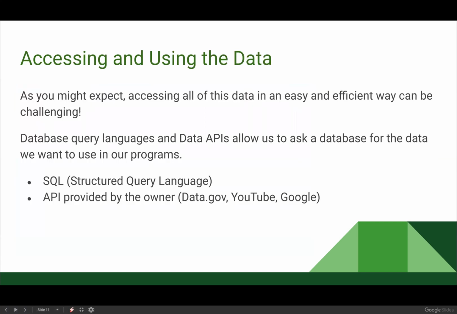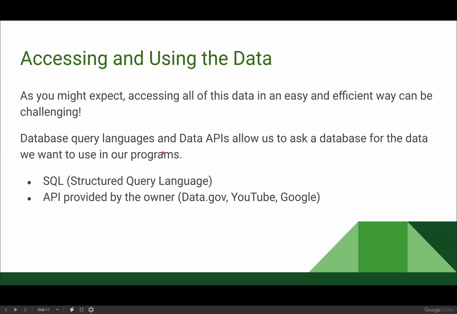Now, as you could probably expect, accessing all of this data in an easy and efficient way can be somewhat challenging. Fortunately, they have developed ways for us to interface with these database systems. And there are programming languages called database query languages, like SQL, or the structured query language.